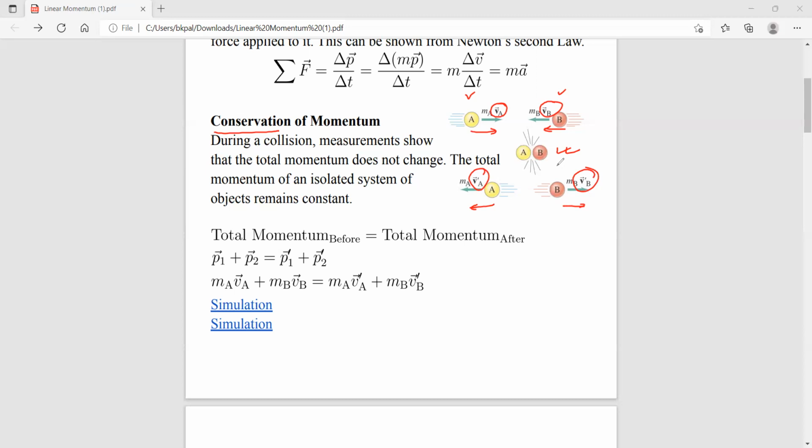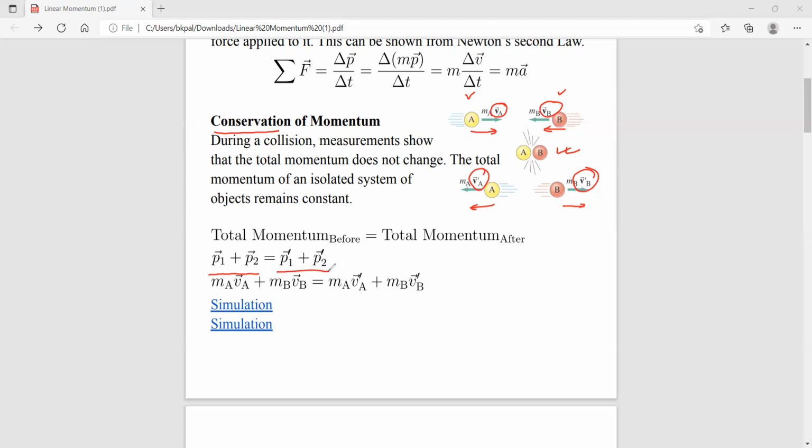Conservation of momentum tells us that the total momentum before the collision is equal to the total momentum after the collision. Here, P1 and P2 are the momenta of object A and object B before the collision, and the prime means after the collision.